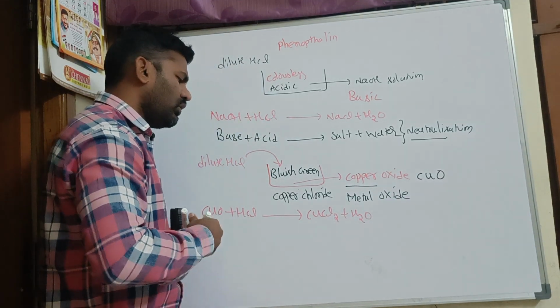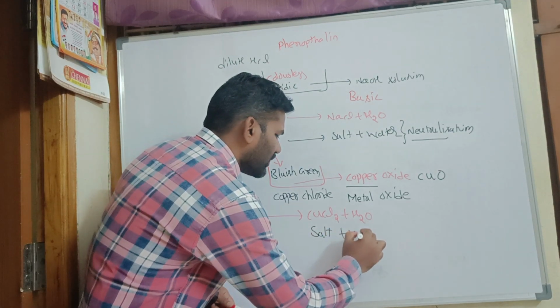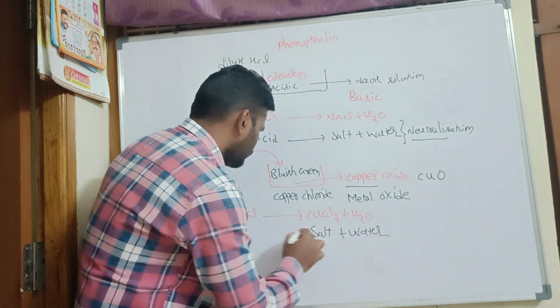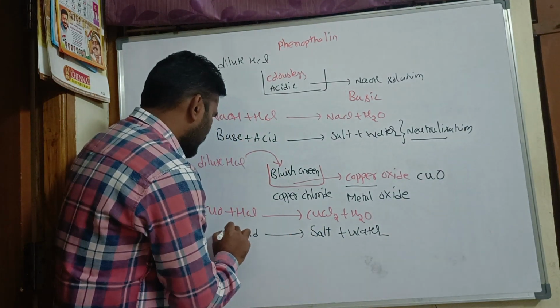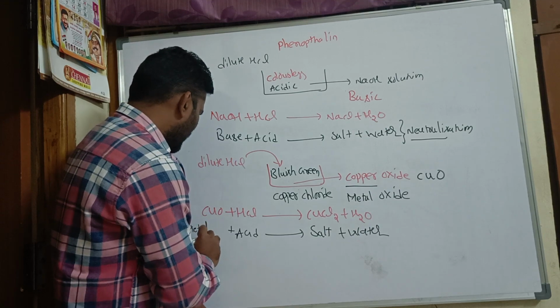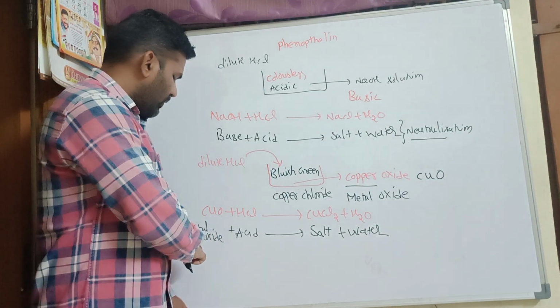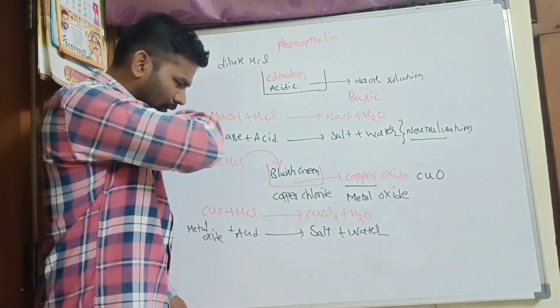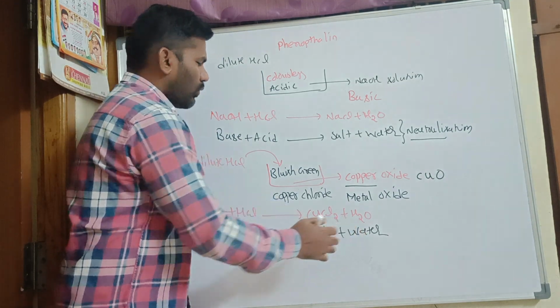We already know copper chloride is a salt and H2O means water. Here hydrochloric acid is an acid and copper oxide is a metal oxide. I can say that when metal oxide reacts with acid, it is forming salt and water.